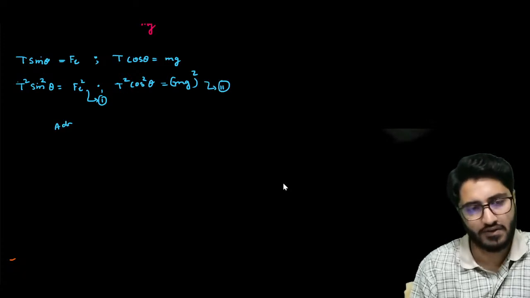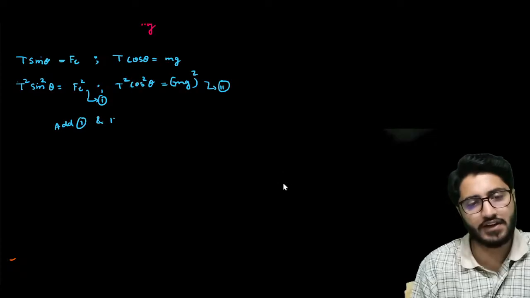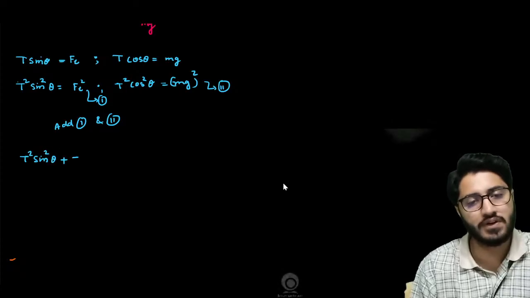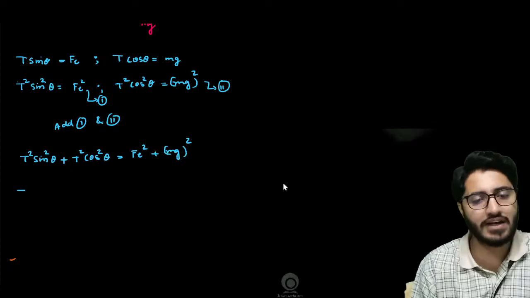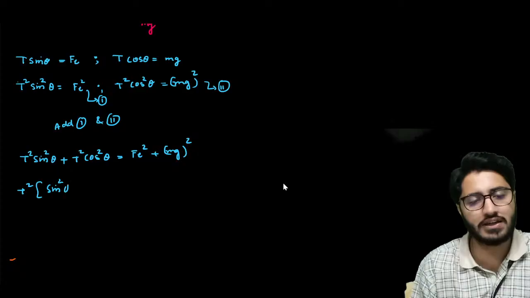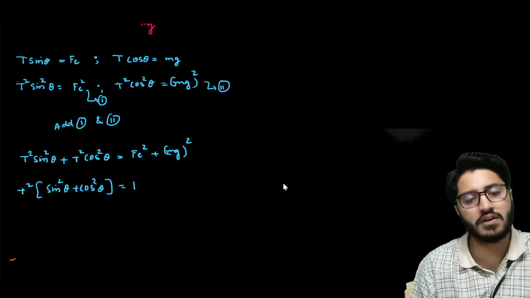Now add first and second. I will write T square sine square theta plus T square cos square theta equals Fe square plus mg whole square. Look, I will take T square common. Then we will have here sine square theta plus cos square theta.